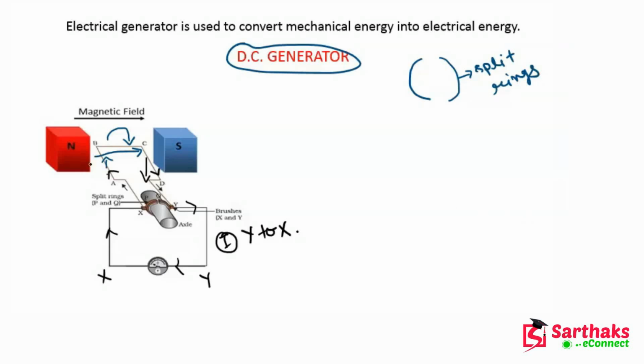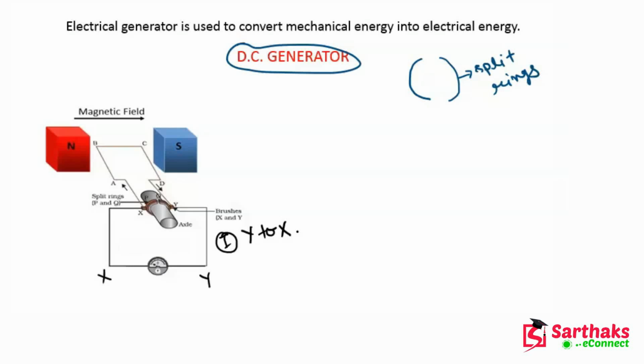Now after the half rotation, this AB would have come here in the place of CD. So let me again draw the notation. Let me erase the previous notations. Okay guys.